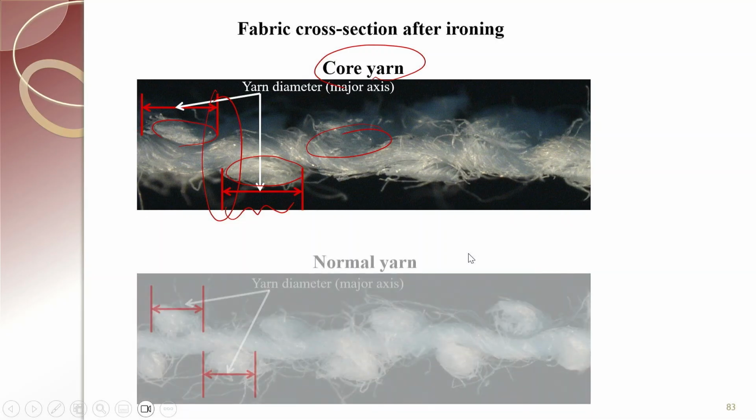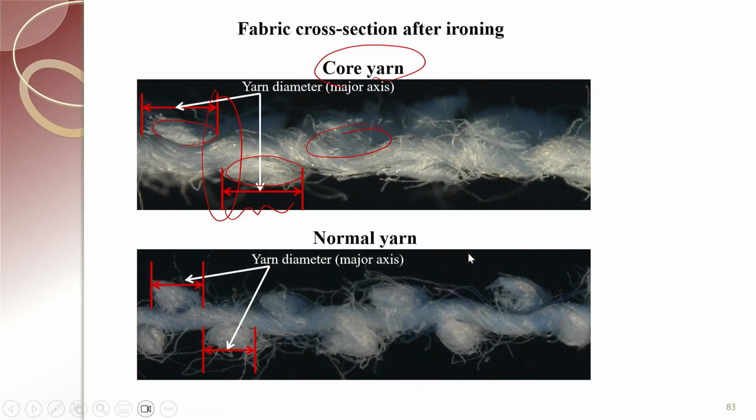On the other hand, the normal yarn is although flattened, but there is still some space available between the yarns. The flattening is there, but not to that extent, and also the yarns are very compact. So, yarn diameters are less.